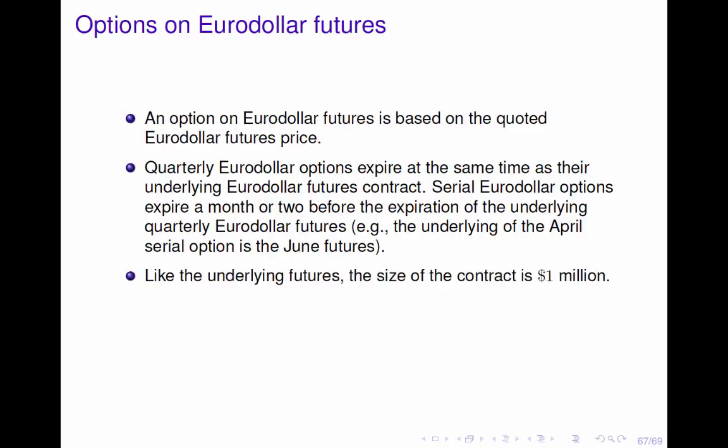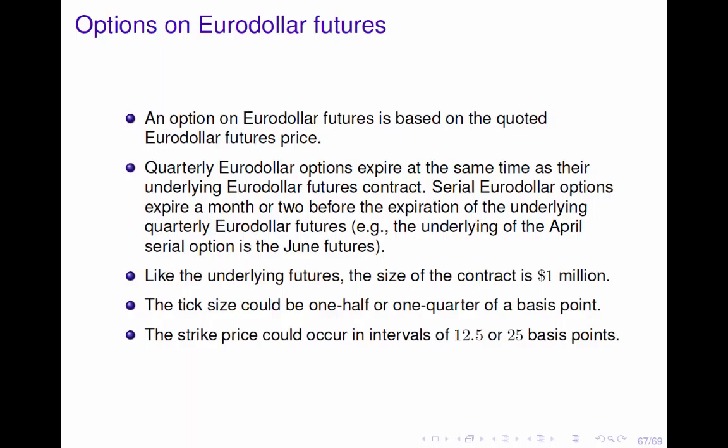Like the underlying futures, the size of the contract is $1 million. The tick size could be 1/2 or 1/4 of a basis point. And the strike price could occur in intervals of 12.5 or 25 basis points.